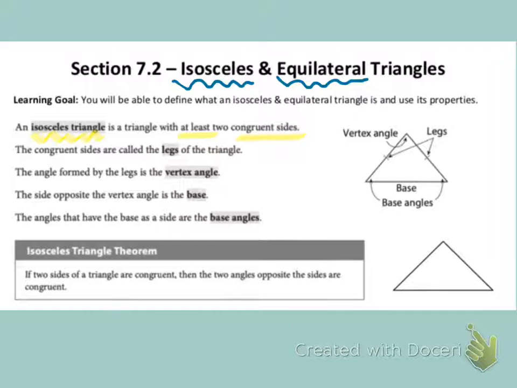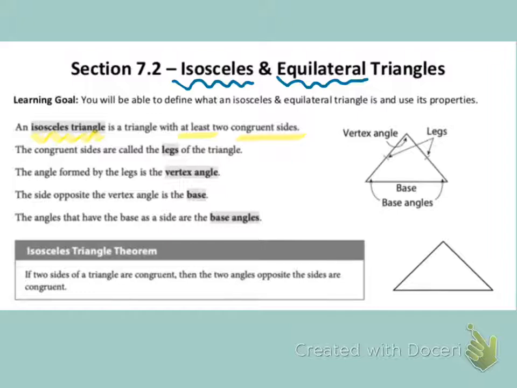It's just a special kind of isosceles triangle that we have a special name for, and that's equilateral. But in general, as long as a triangle has at least two sides that are congruent, then it's isosceles. Anything we learn about isosceles triangles would be true for triangles that have two or more sides equal.